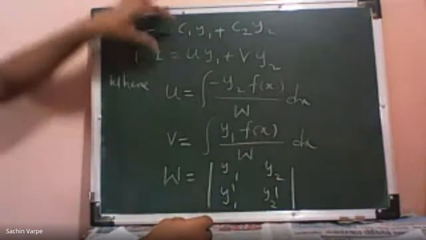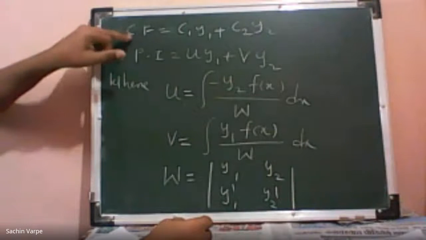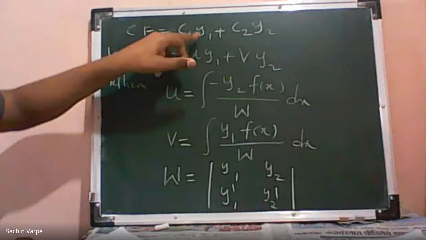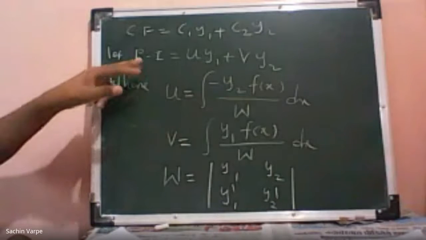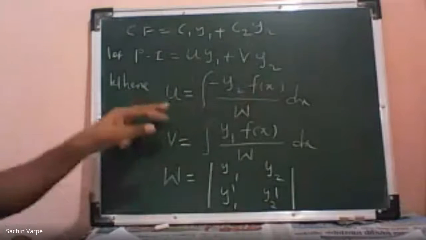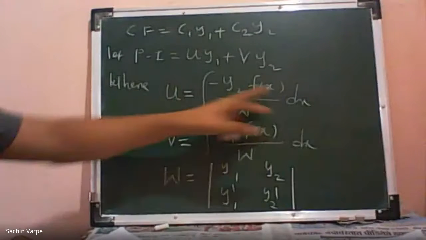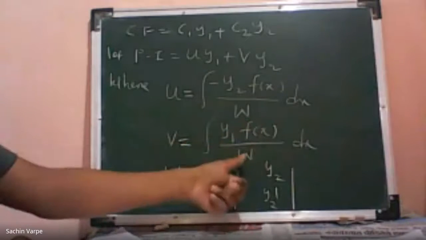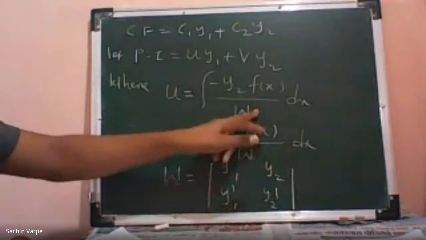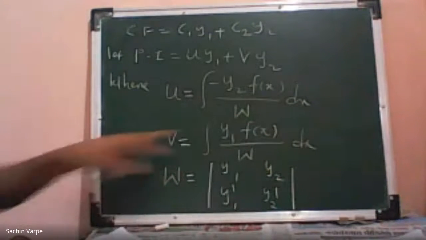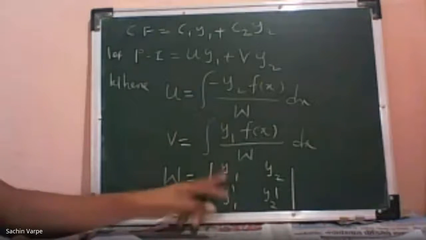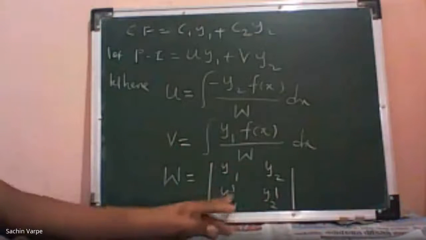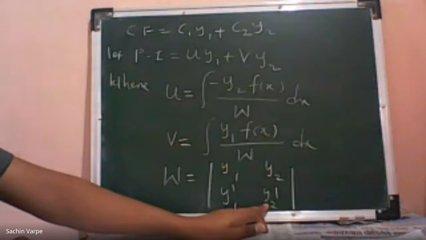So this is the method of variation of parameters. We have started with the complementary function, that is C1 y1 plus C2 y2. So the particular integral will be u y1 plus v y2, where u is the integration of minus y2 f of x upon W dx, and v is the integration of y1 f of x upon W dx, where W is the Wronskian, and the value of W is the determinant of y1, y2, y1 dash, y2 dash, where dashes are the derivatives: the derivative of y1 and the derivative of y2.